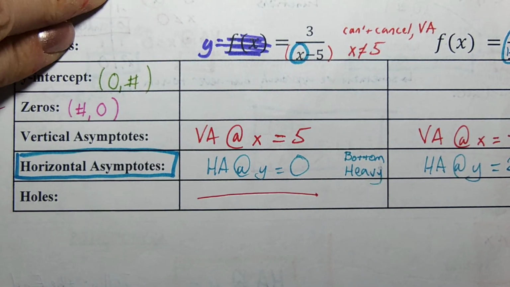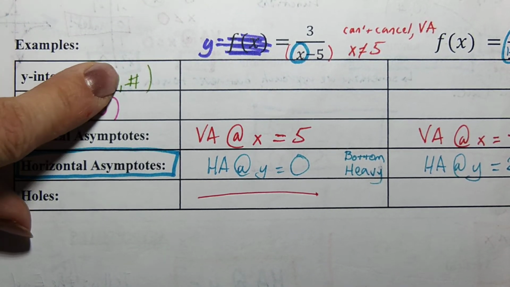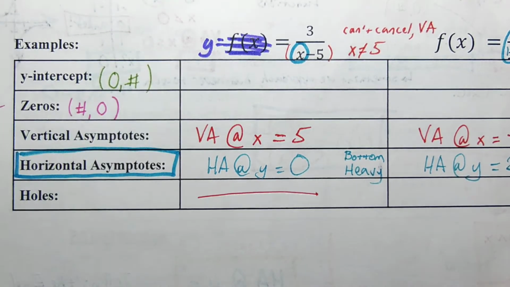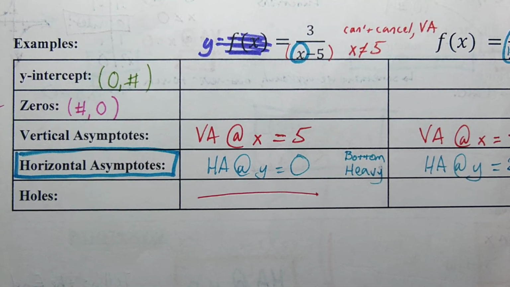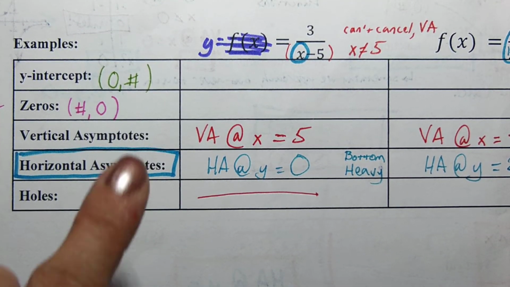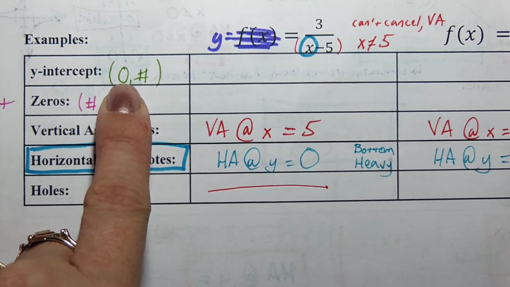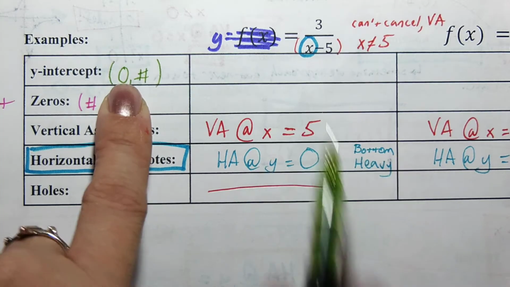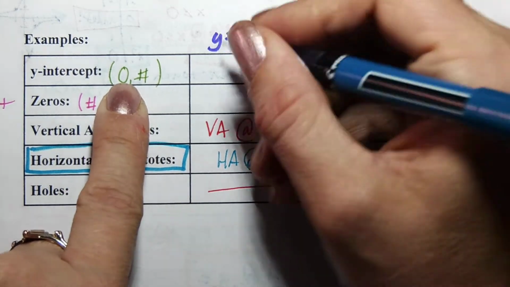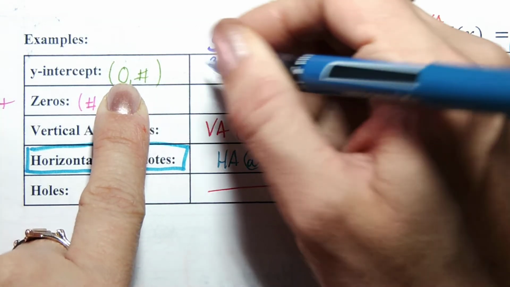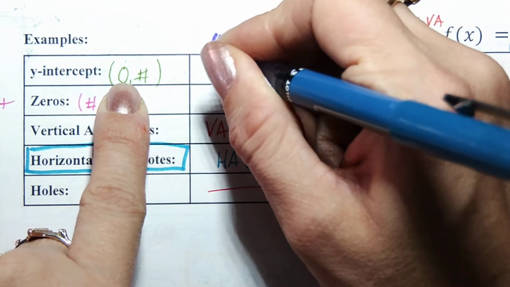So what we are going to do is plug in 0 for one of the variables to find the corresponding coordinate. So for the y-intercept, we're going to plug in 0 for what variable? For the x. So we'll have, actually I should put the y equals first, scratch that.